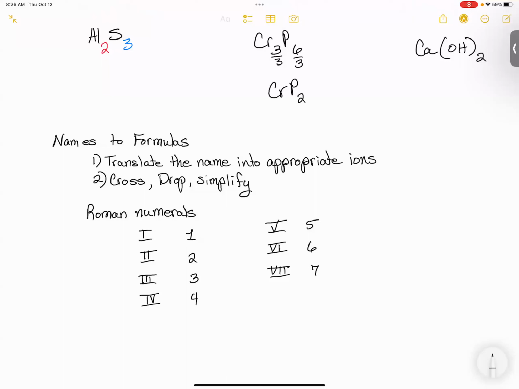Now, the anion is the more complicated piece, because you have to recognize the suffix and understand what it means. If I give you a suffix of -ide, what does it mean?